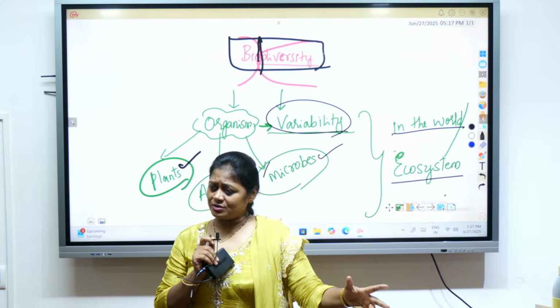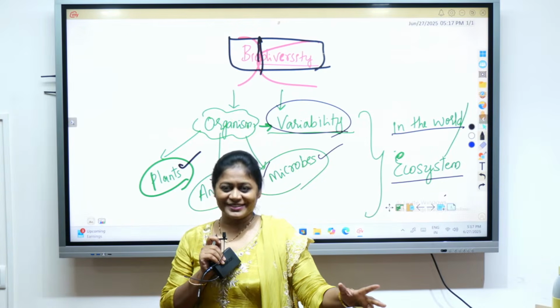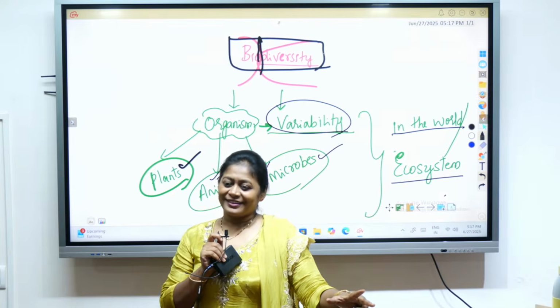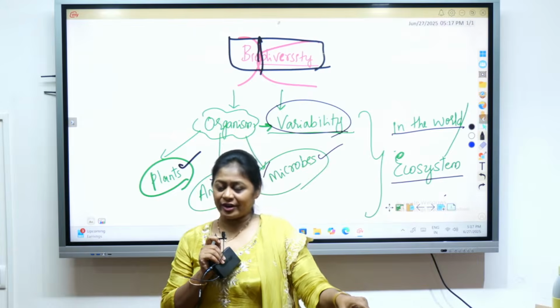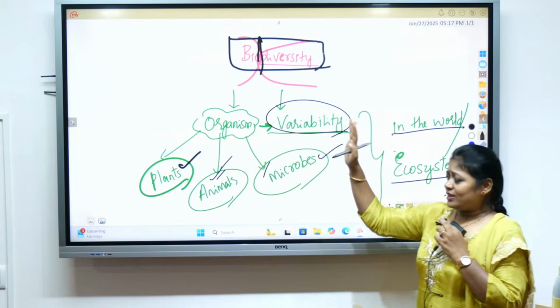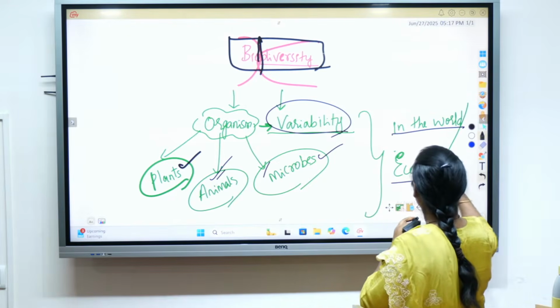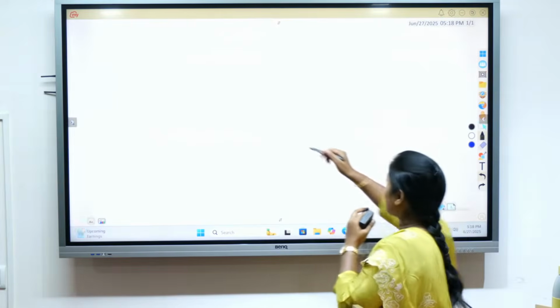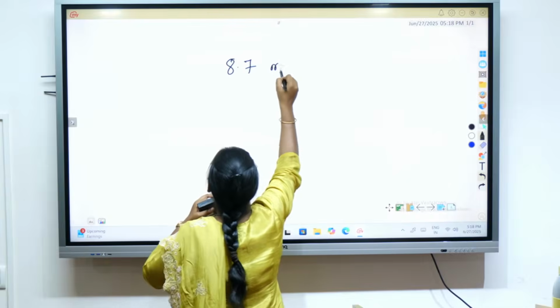What are species? Species are a group of individuals that can interbreed and produce offspring, right? Overall in the world there are 8.7 million species.